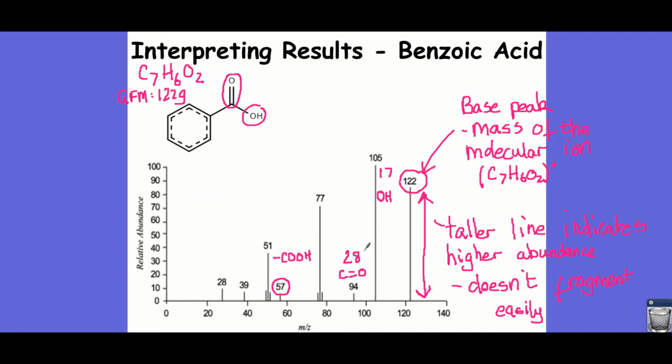You can have a go looking at the other values and seeing if you can work out what other fragments might be produced. Now, this is really, really useful because if this is an unknown substance, that will give us an idea of what functional groups may be present. So we know if we see a fragment with a difference of 17, that's probably a hydroxyl group. It's really useful.